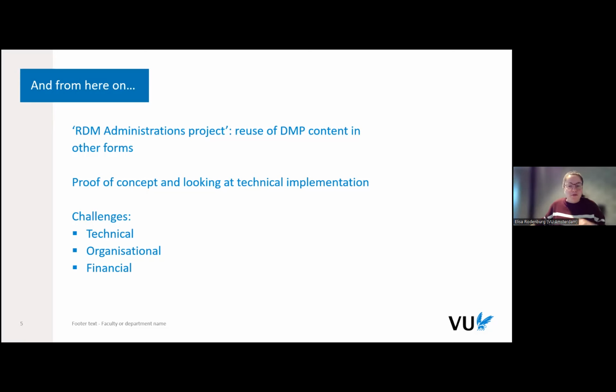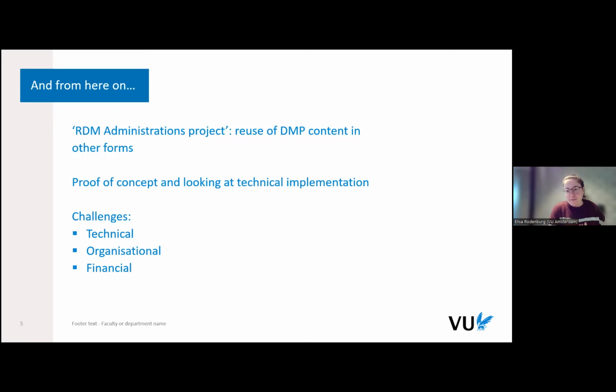At this point, we wrote a DMP for this, and we are looking for an application that can support our goals. And besides this technical challenge of finding the right tool, we also have organizational challenges. I outlined one of them in the previous slide. But we're also quite burdened capacity-wise.